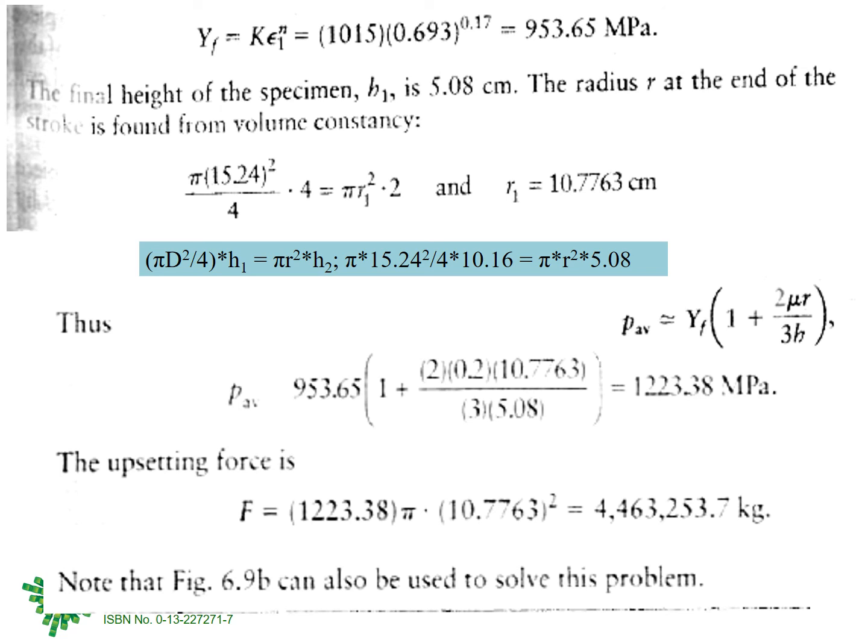So for final radius or final height, I want the constant volume equation. For the YF, I use the YF equation. For that, I need the strain, go to the strain equation. You do step by step.